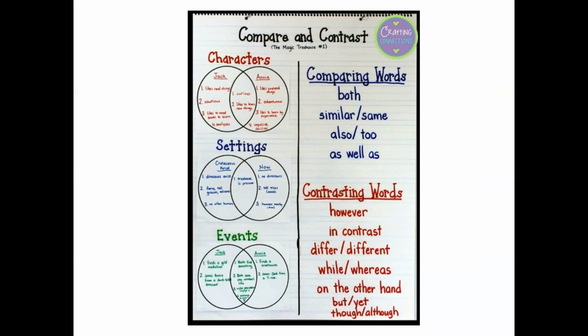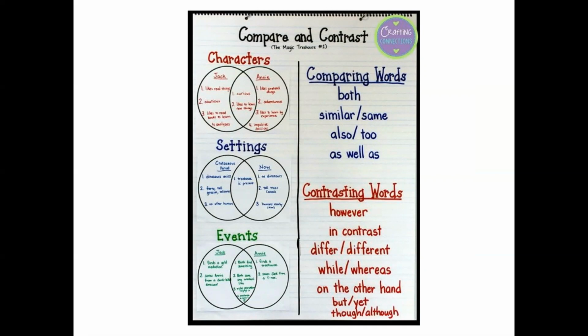When we think about compare and contrast, we think about Venn diagrams or T-charts or other charts that I'm going to have on this lesson video as well, that can help us organize the similarities in the story as well as the differences. In most cases, we use Venn diagrams to do that, and that's the way we did it in class. But for the purpose of doing this online and distance learning, and trying to format it so that you can understand it, I won't be using a Venn diagram.